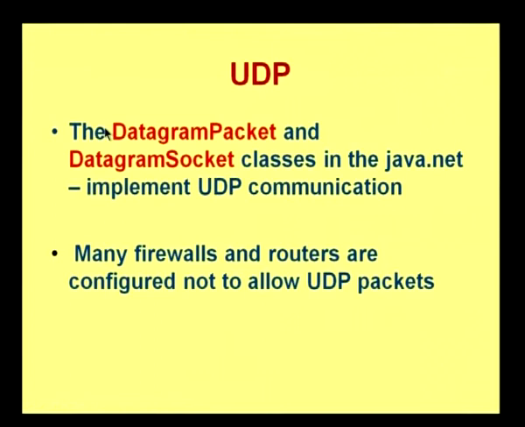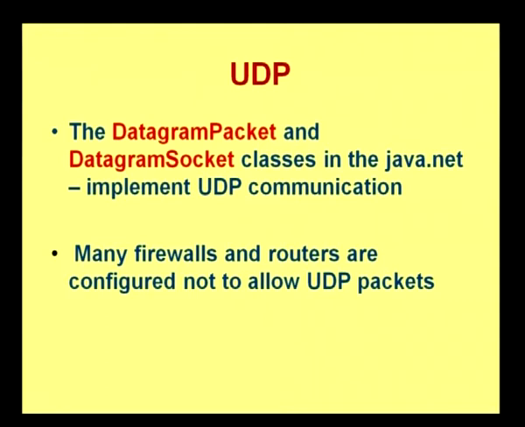So, here we have two classes, datagram packet and datagram socket. These classes are available in the java.net package, and they implement UDP communication. Many firewalls and routers are configured not to allow UDP packets. The java.net package consists of many classes such as socket, server socket, InetAddress, URLConnection, which we have seen in the previous session.